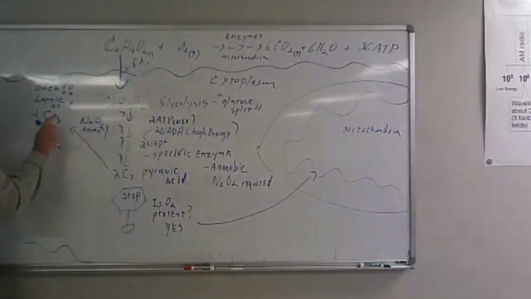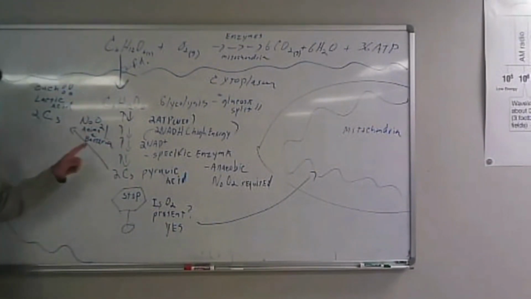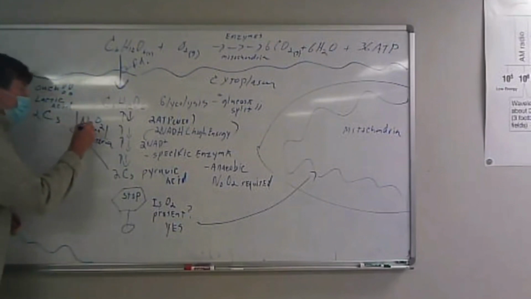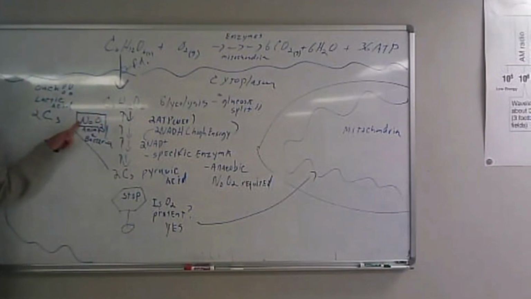Well, if this is a bacterial cell, so let's put bacteria, let's write that in if you don't have it. Bacteria also, under a no oxygen state or an anaerobic state, those bacteria will produce lactic acid also.